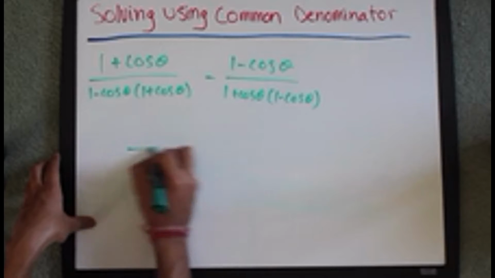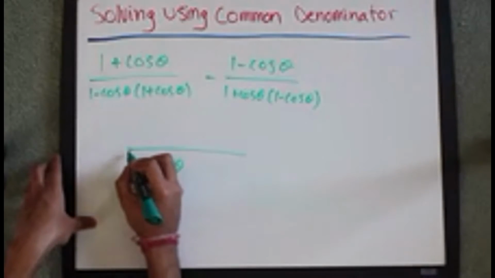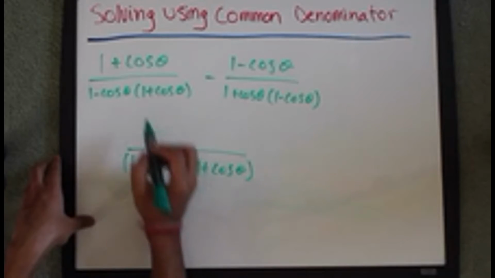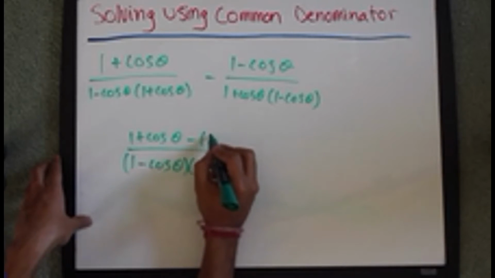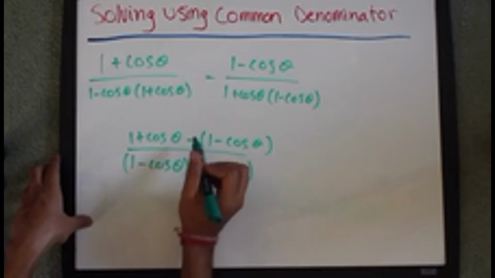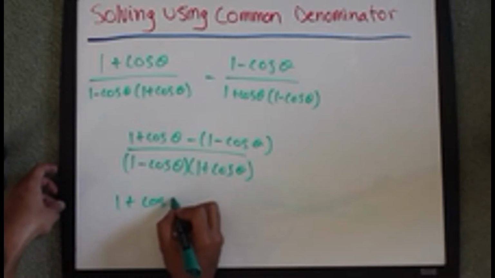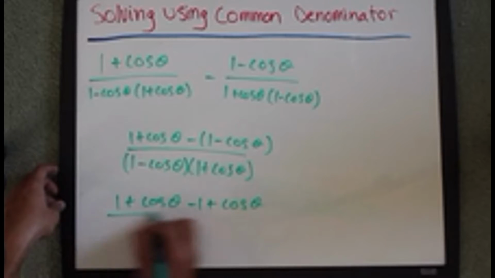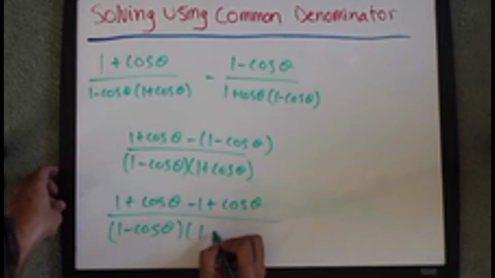At the bottom we're gonna have 1 minus cos theta multiplied by 1 plus cos theta, and at the top we're gonna have 1 plus cos theta minus 1 minus cos theta. If we distribute the negative sign to the brackets, we have 1 plus cos theta minus 1 plus cos theta over 1 minus cos theta times 1 plus cos theta.